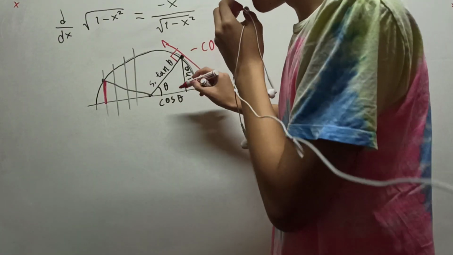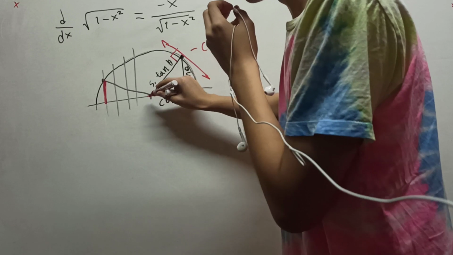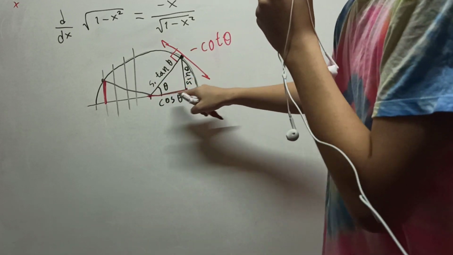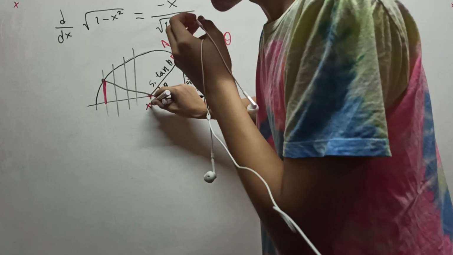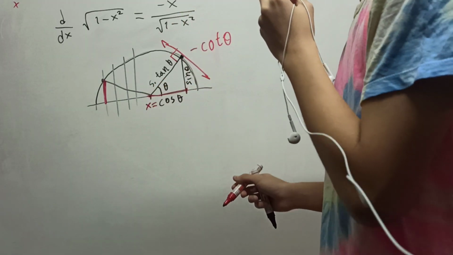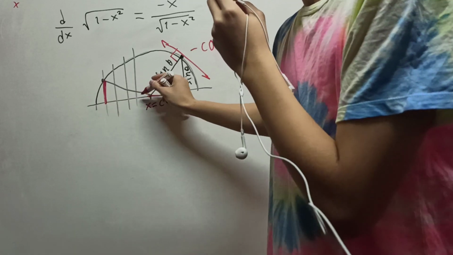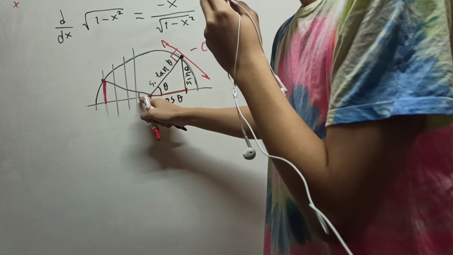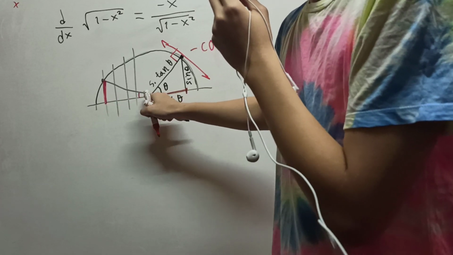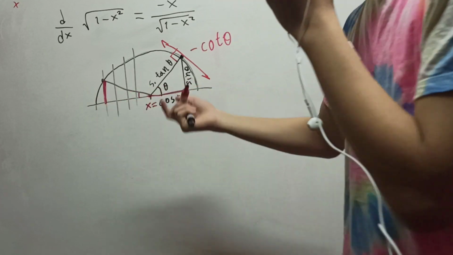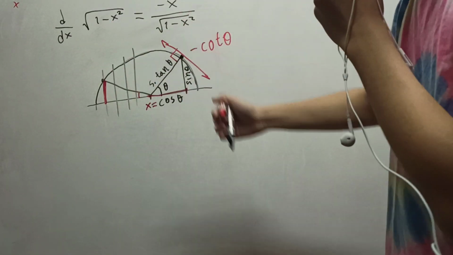Well, as I said here, and as we probably know, this length is cosine theta, and it is the x coordinate. So x is equal to cosine theta, right? So what we can do is just substitute this into there. So what do we get?